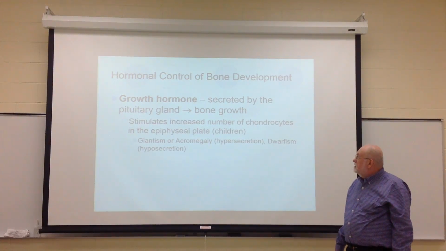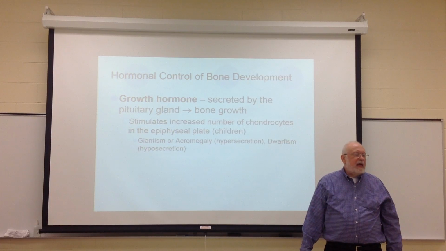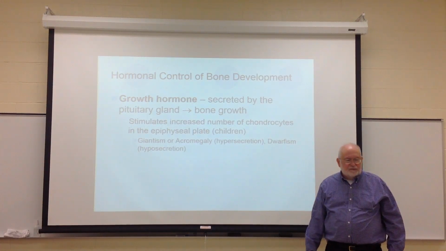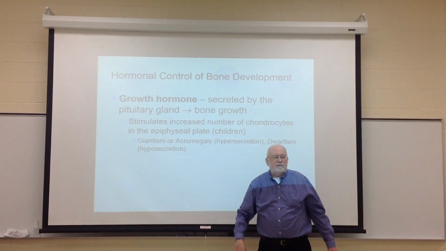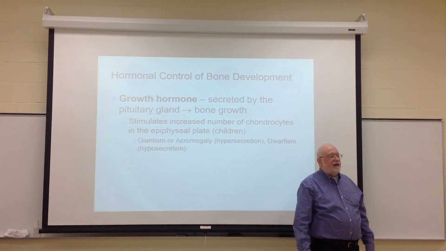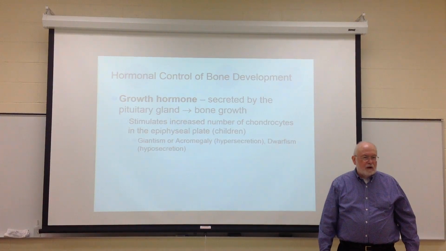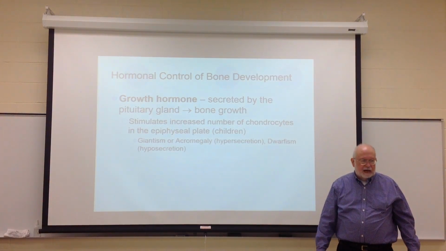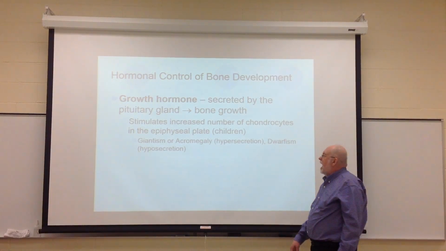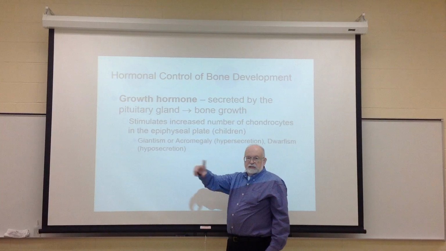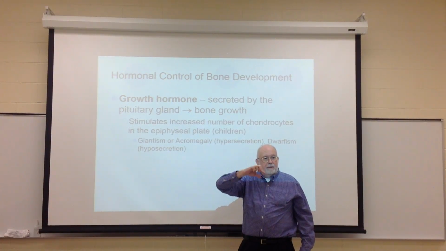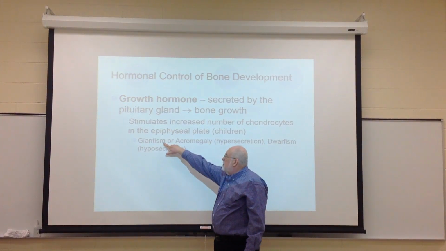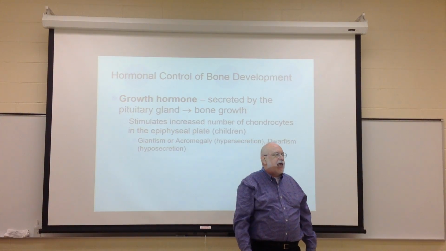And so, what happens if you get too much? Well, hypersecretion, of course, means an elevated production of growth hormone. Too much growth hormone in the blood. Too much stimulation. If you're looking at children who are still growing, or any individual who still has an active epiphyseal plate of cartilage, they can end up with gigantism.